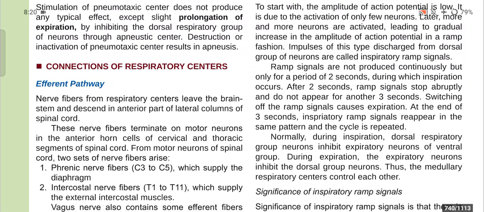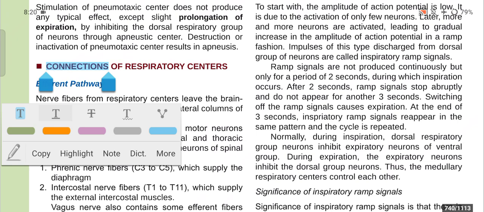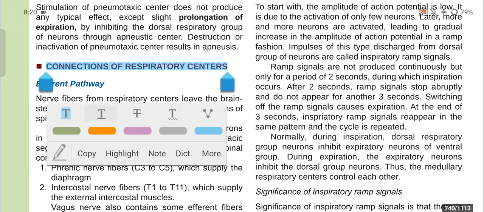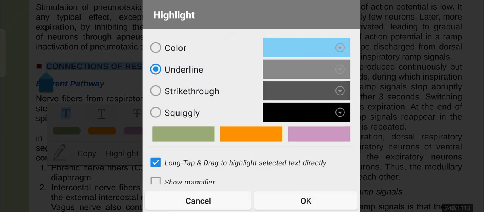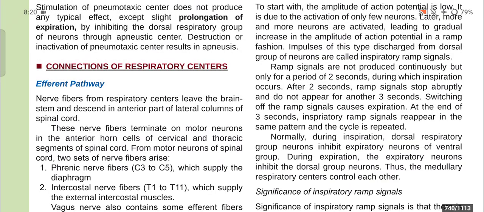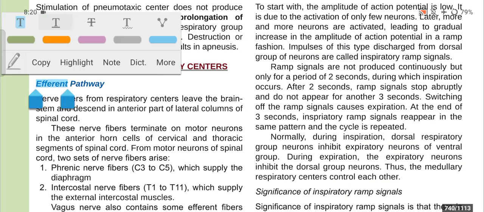So today our first topic is connection of respiratory centers. First of all, the efferent pathway.